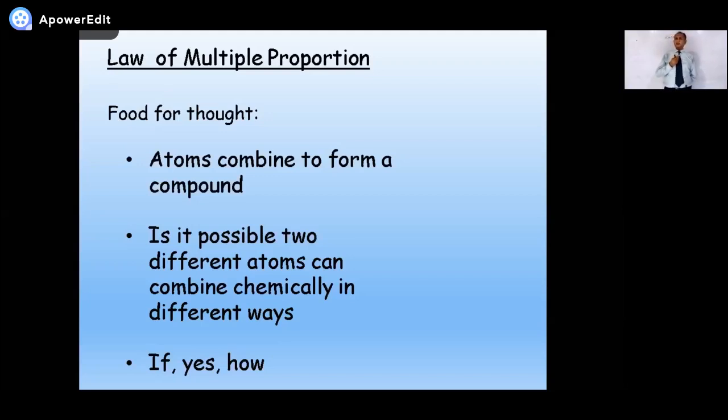If you are clever, you already know the answer, because we discussed it indirectly a few minutes ago. The question on the screen is: is it possible that 2 different atoms can combine chemically in a number of ways to form different compounds? If yes, then how could it be possible?